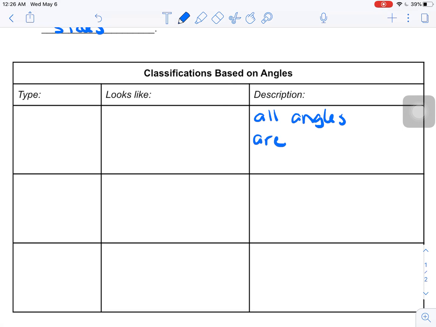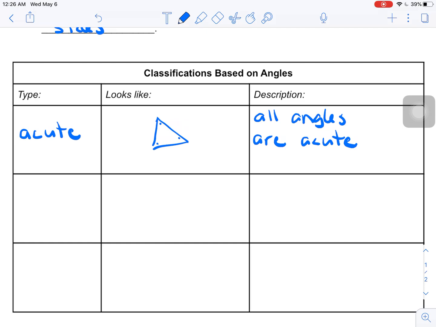So that means all of the angles are less than 90 degrees because that's what acute means. Then that is called an acute triangle because it's all acute angles. So an acute triangle, it would look something like this. So all of those angles are all less than 90 degrees.